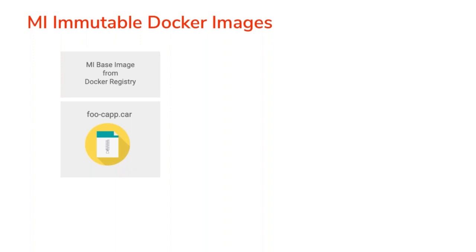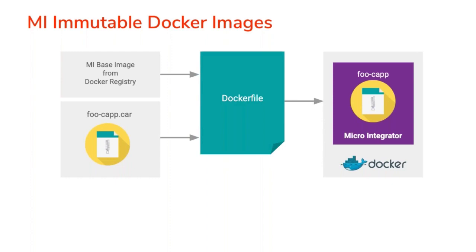What we have done in this release is we have introduced a micro integrator base image. You can use this base image as a Docker image, and then create an application specific Docker image with this carbon application.